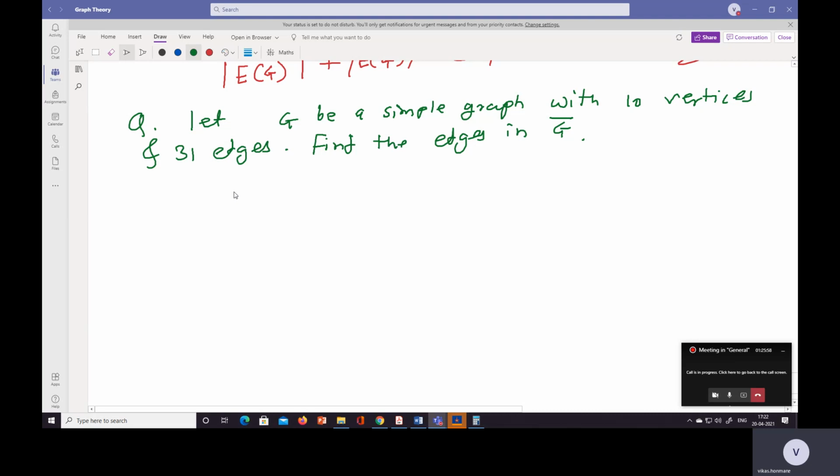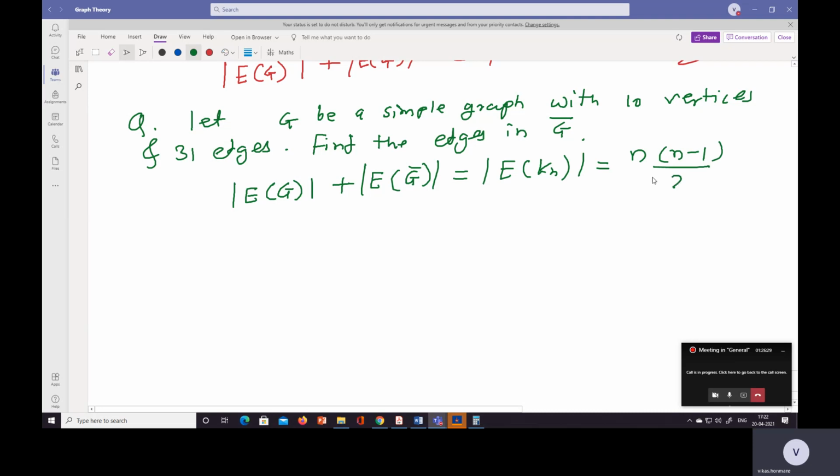We know that the number of edges in G plus the number of edges in G bar is equal to the number of edges in the complete graph, which is n into n minus 1 by 2, where n is the number of vertices.